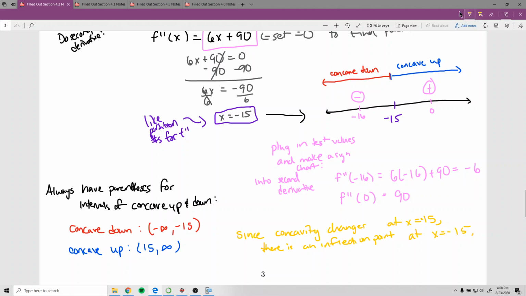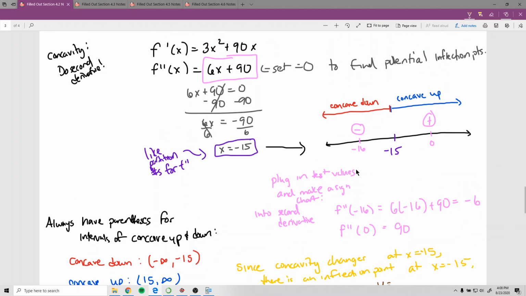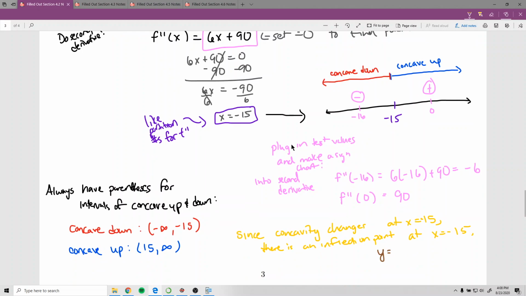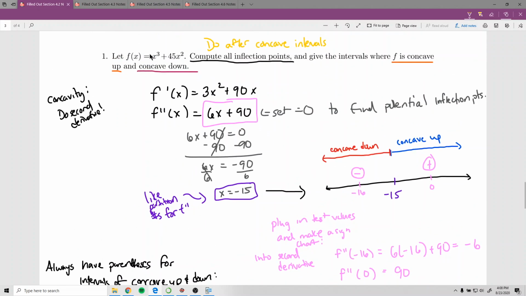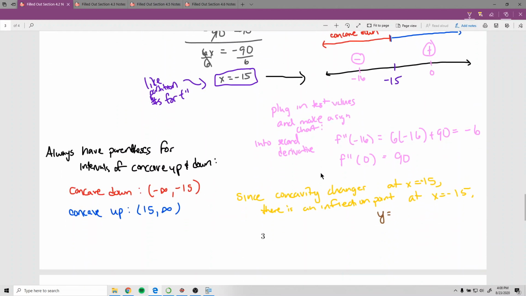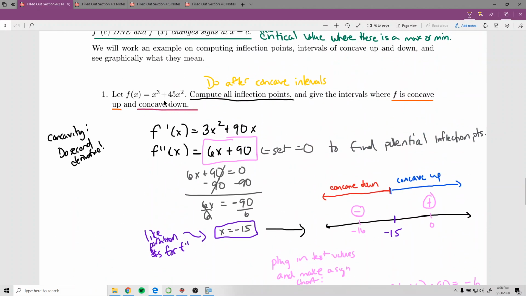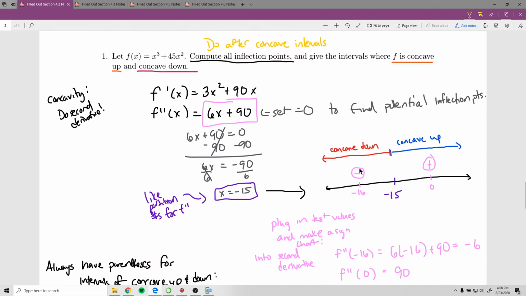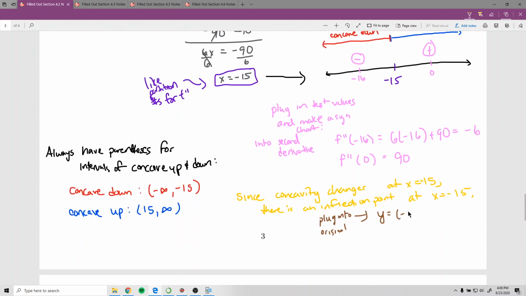Now, usually we want to write inflection points as x and y coordinate pairs. So if you want to figure out the y value, what you have to remember is it's on the graph of the original function, so we have to plug in negative 15 to the original function. All right, so negative 15, our original function is x cubed plus 45x squared. We get negative 15 cubed plus 45 times negative 15 squared.